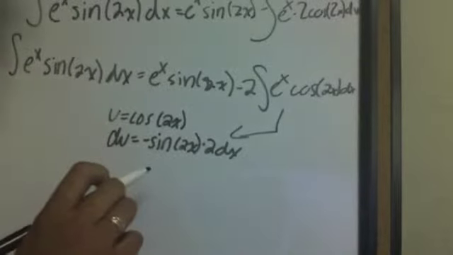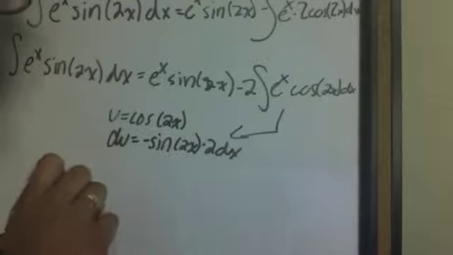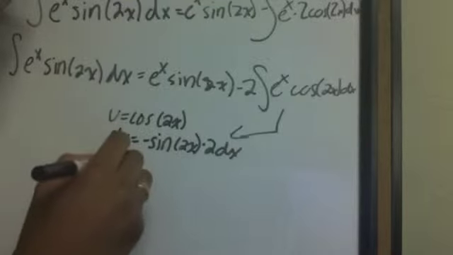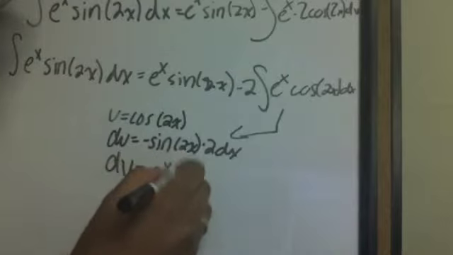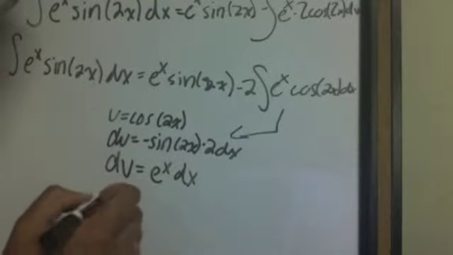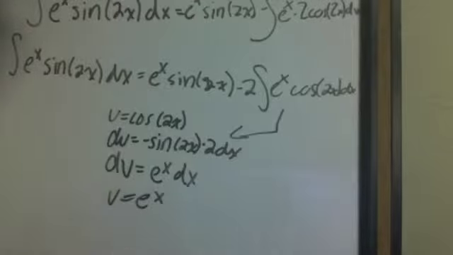My dv equals e to the x dx again, and our v equals e to the x. Okay, and with this information, this u, du, dv, v, we're going to do another integral.